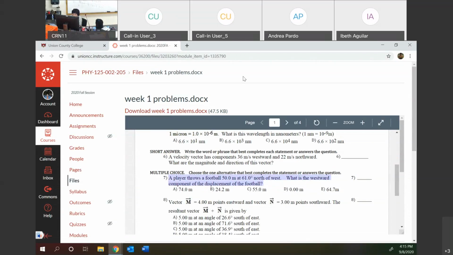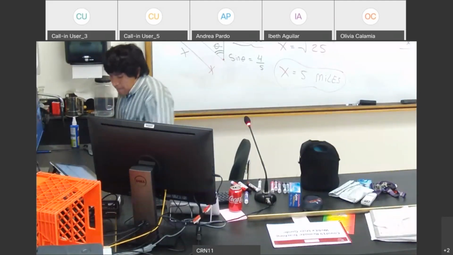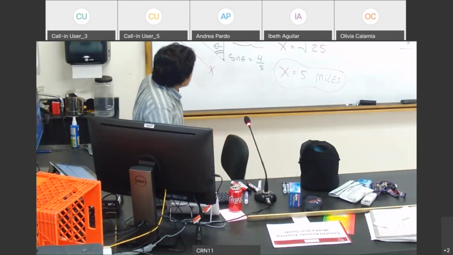So for many of the physics exercises, you probably only need to apply one formula or one equation. But there are some situations like this, for example, in vectors, where it is very important that you draw the situation. All right. So it says there 50 meters at 61 north of west.